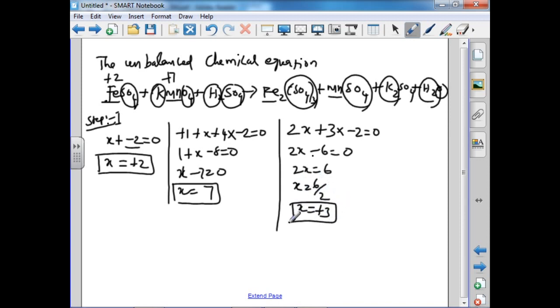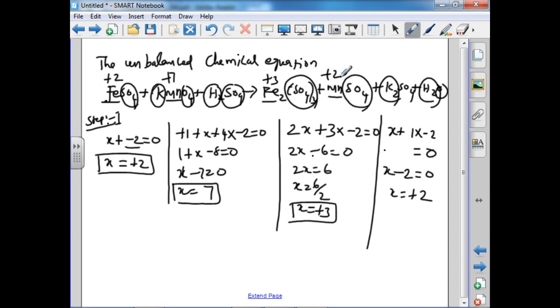So the oxidation state of Fe in Fe2(SO4)3 is plus 3. Finally, Mn in MnSO4, X as Mn, SO4 oxidation state minus 2, 1 sulfate group, equal to 0 as a neutral molecule. X minus 2 equal to 0, X equal to plus 2. So plus 2 is the oxidation state of Mn in MnSO4.